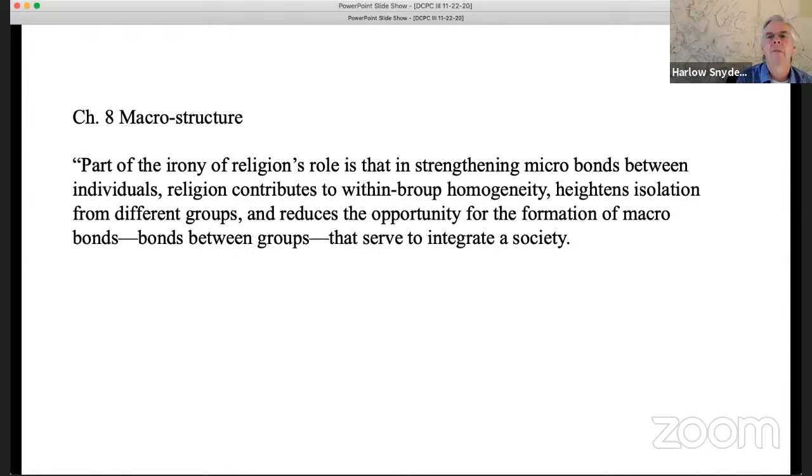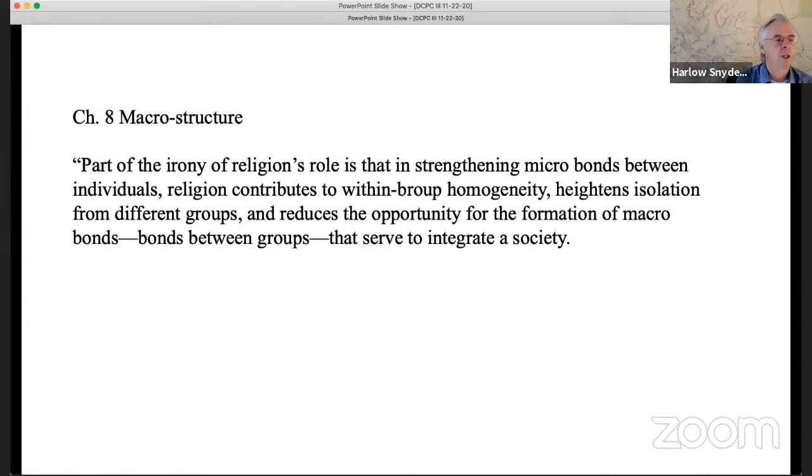And then in a final chapter, actually the penultimate chapter, one of the ironies, they say, of religion's role is that in strengthening the micro bonds between individuals, like the small groups, the churches that hang together, religion contributes to within-group, not between-group, homogeneity.